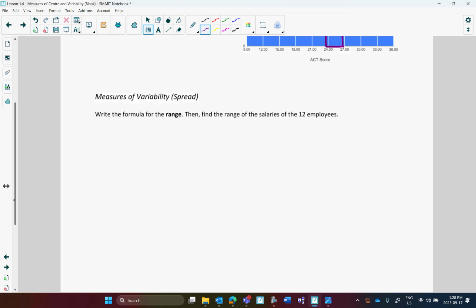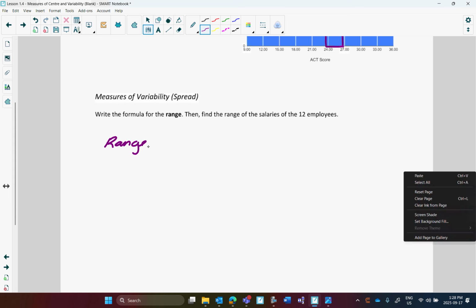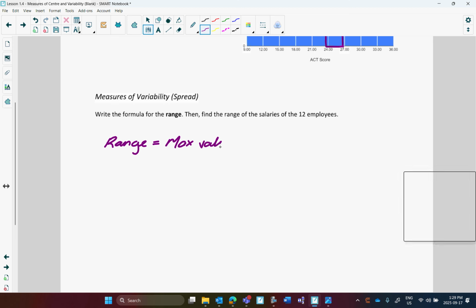Variability. We have talked about range. The range is simply the max value in a distribution minus the min value.